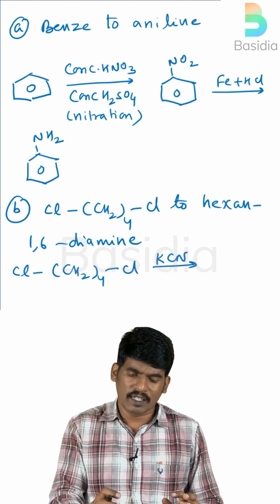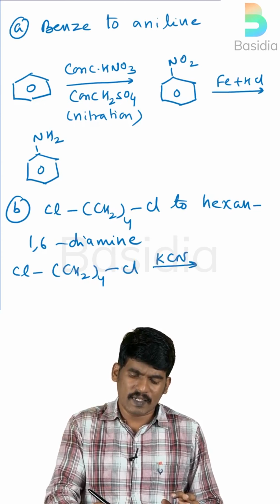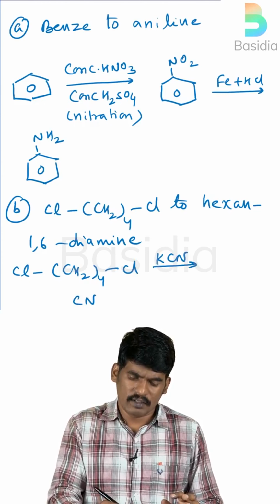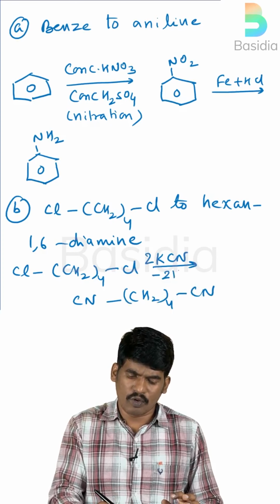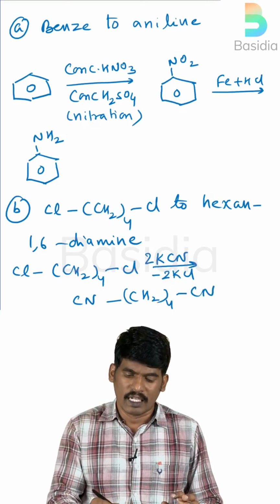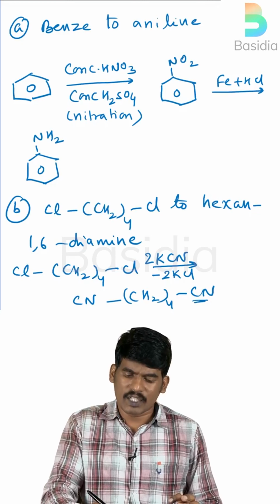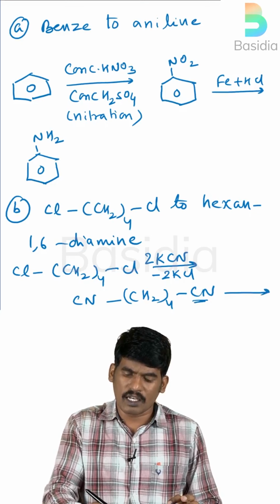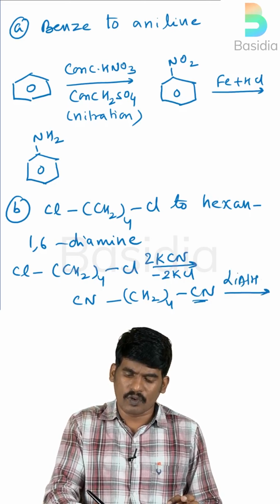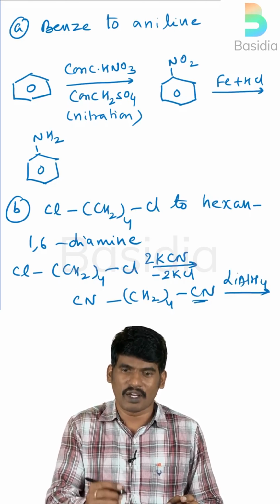If I treat it with KCN, then I'll get CN here, (CH2)4, CN. 2 moles of KCN I'll take, and 2 moles of KCl can be removed. This cyanide should be converted into amine, and for that I'll use LiAlH4, reduction of nitriles, which we have just learnt.